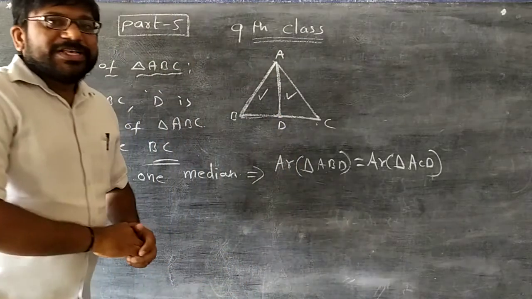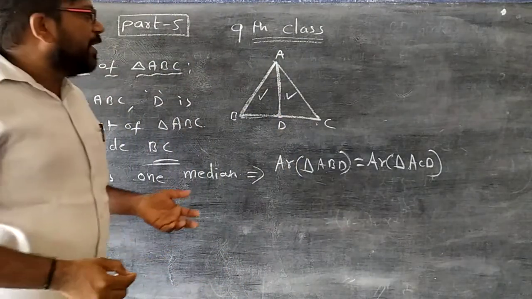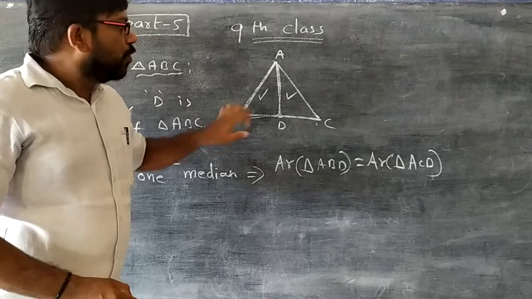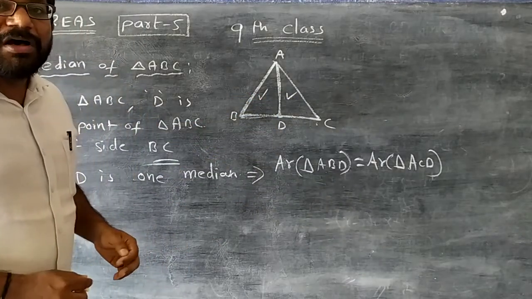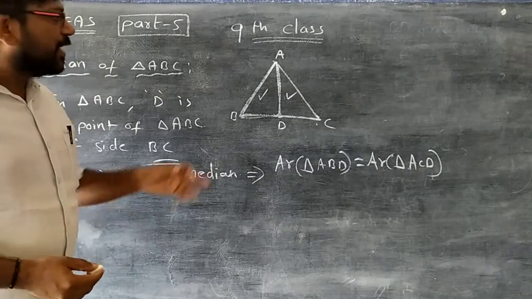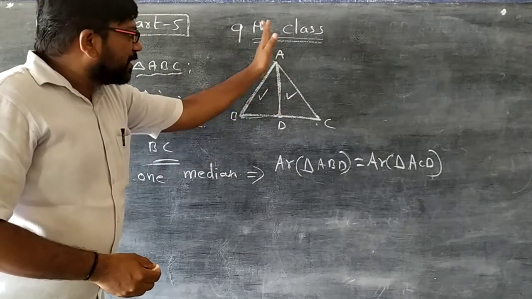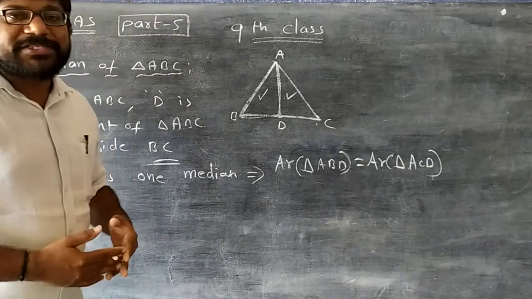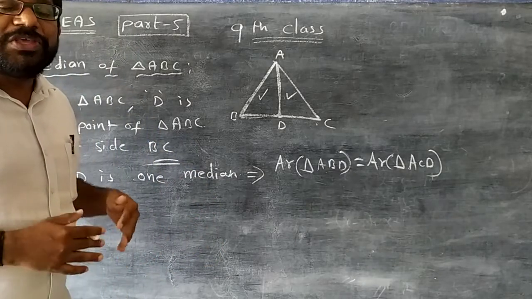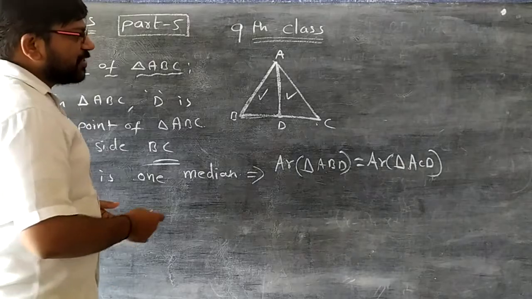So every median divides the triangle into two parts of equal area. Median means it is in the middle, so it cuts the triangle into two halves of equal area.